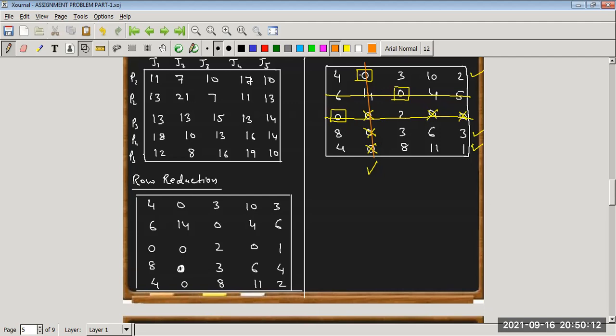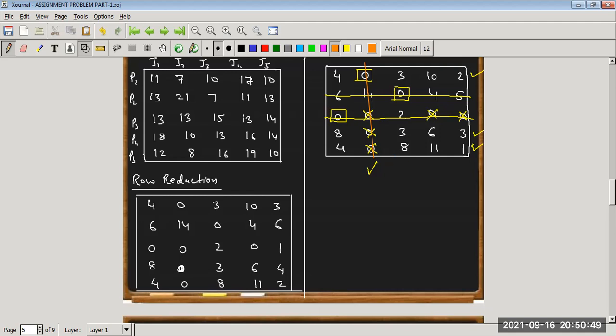Now you can see the lines will cover all the zeros. We have 3 lines, and how many assignments were there? 1, 2, 3. Only 3 assignments were made and only 3 lines are drawn. So both are equal. You can always see that the number of assignments and the number of lines drawn are always equal. The second thing to observe is that the lines will cover all the zeros. There is no 0 left where no line is passing through.